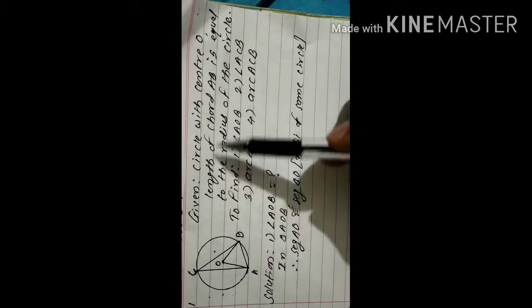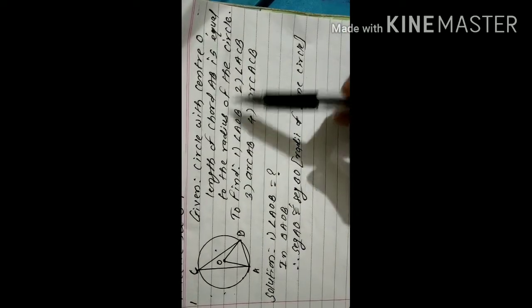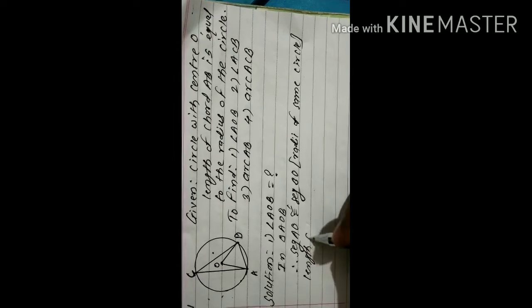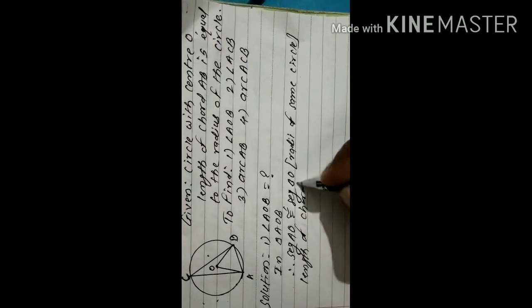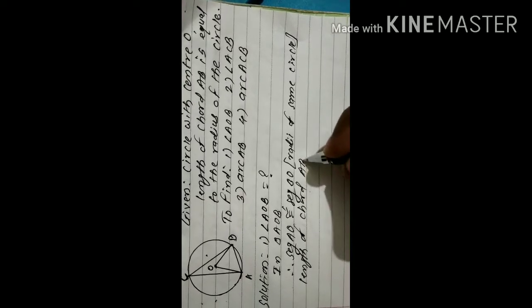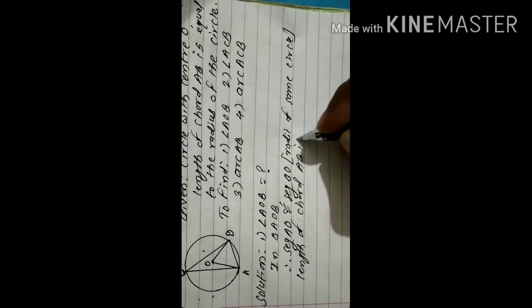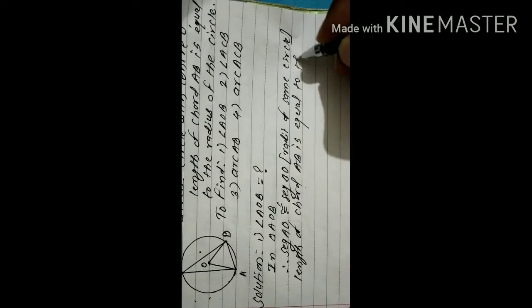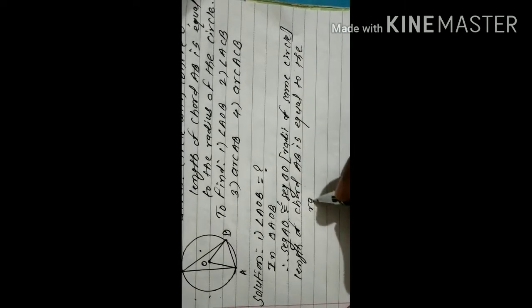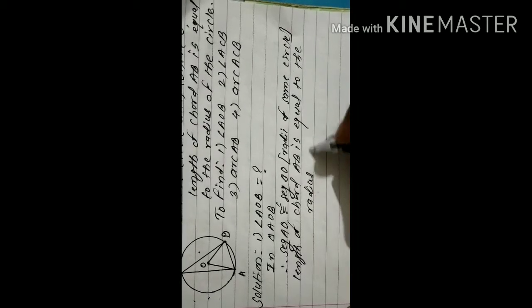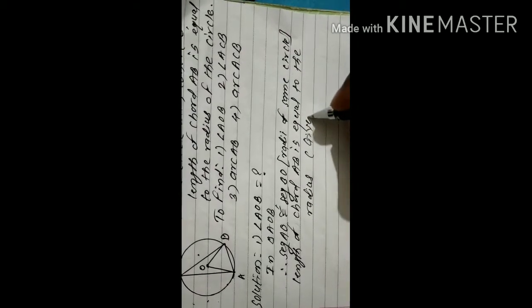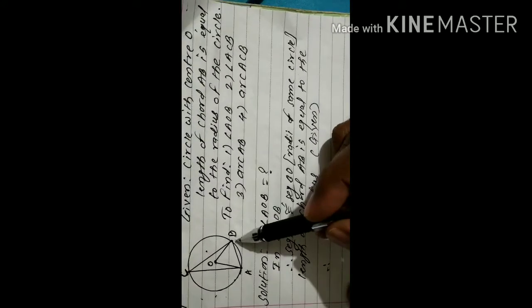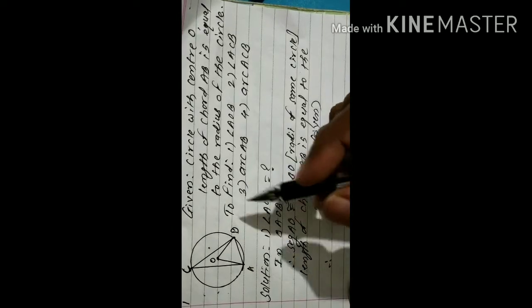What is given? Length of chord AB is equal to the radius of the circle. This is given. Hence, AB, OA, OB are equal.